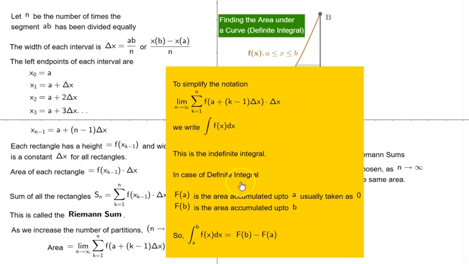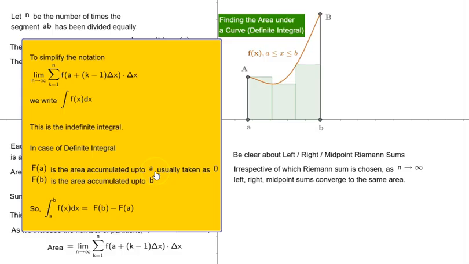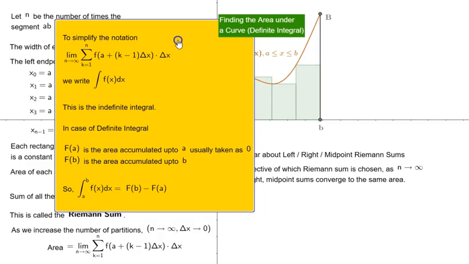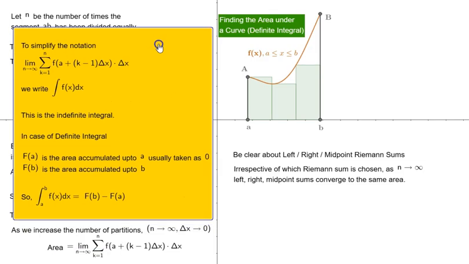Now, in case of definite integral, f of a is the area accumulated up to a, usually taken as 0. So, if we are talking of this, up to a, from minus infinity to a, the area accumulated is 0. Yes. Then we take capital F of B as the area accumulated up to B, that is from minus infinity to B. So since up to A it is 0, F of B would be this.